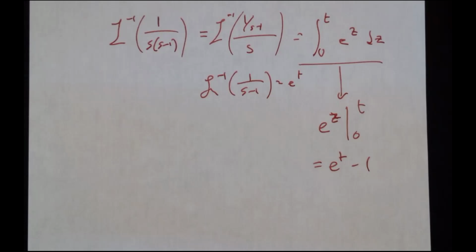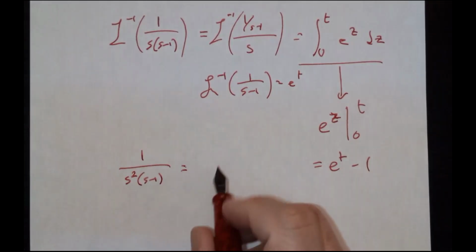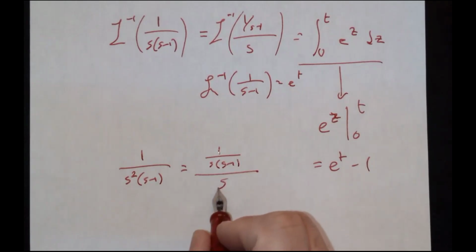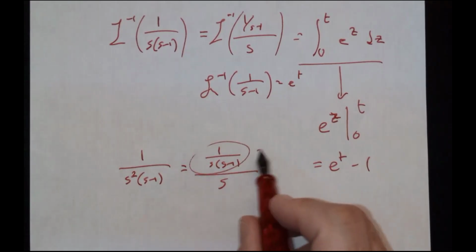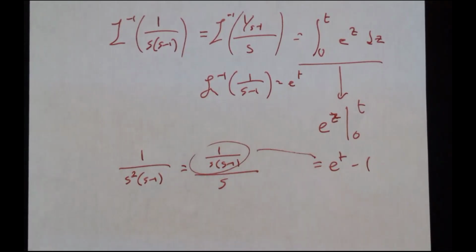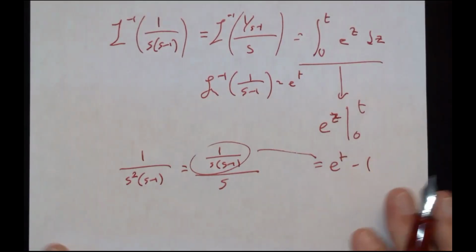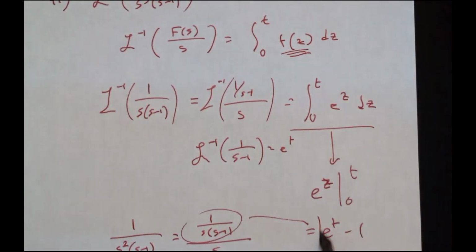Now to do 40, you think of 1 over s squared times s minus 1 as 1 over s minus 1 all over s, isn't it? And this is the thing you just figured out. When I do the inverse, the f of z up here is this function.